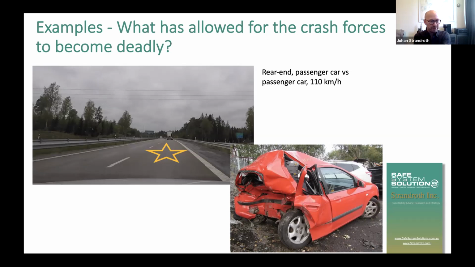So what are the deficiencies in this crash? It's a bit of a tricky one. What's bad with this road? Well, nothing really. We expect this road to be good.